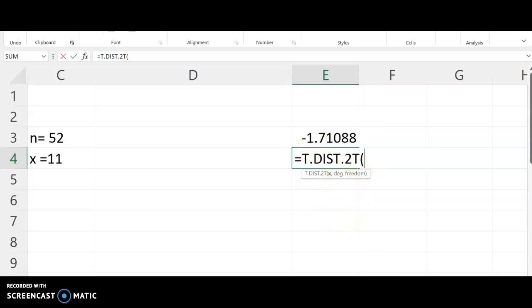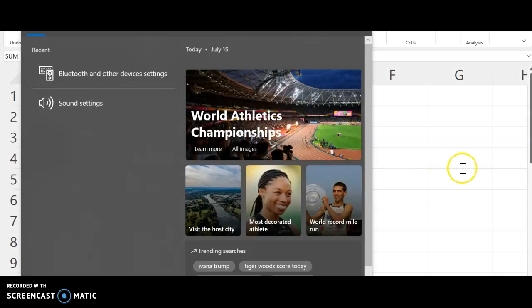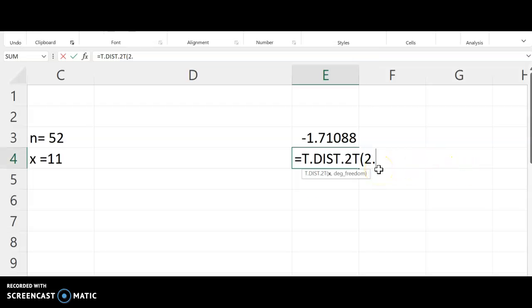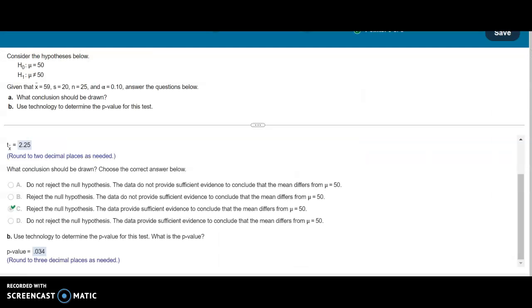So your x, your test statistic, was 2.25. Your degrees of freedom was 24. And so you end up getting 0.034 for your p-value.